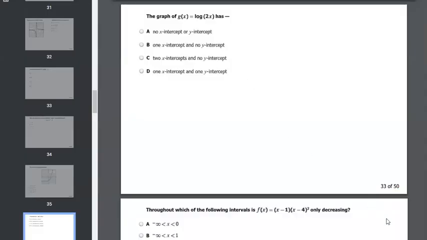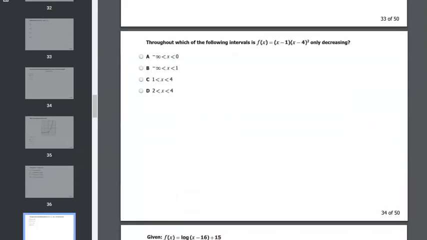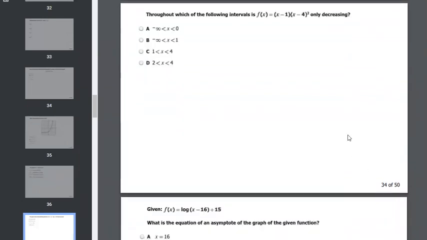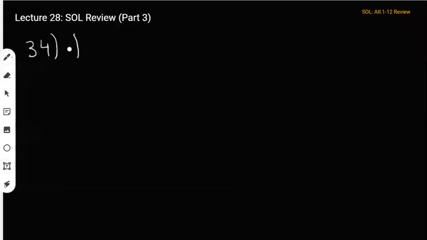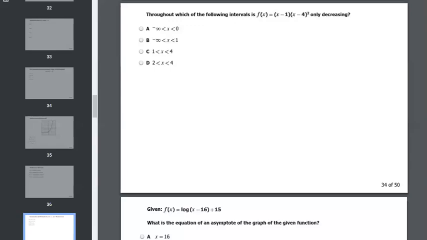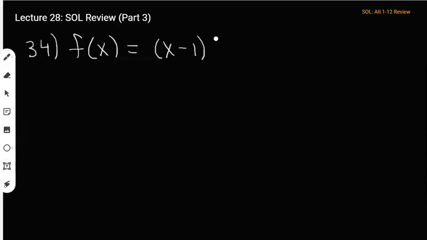Okay, let's look at 34. It says, throughout which of the following intervals is f of x only decreasing? So it gives us a function, f of x is equal to x minus 1, they tell us to put it in parentheses, and then x minus 4, the quantity squared.